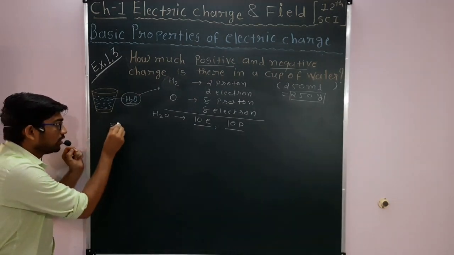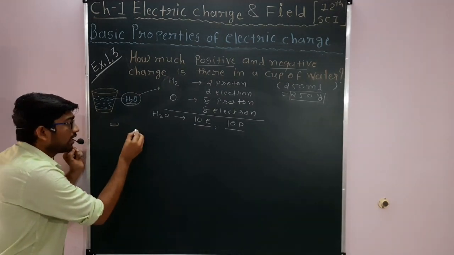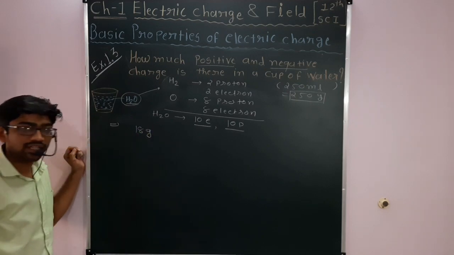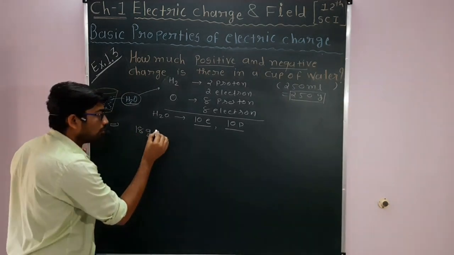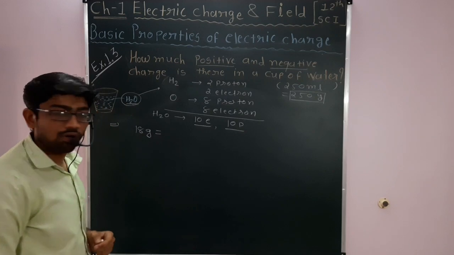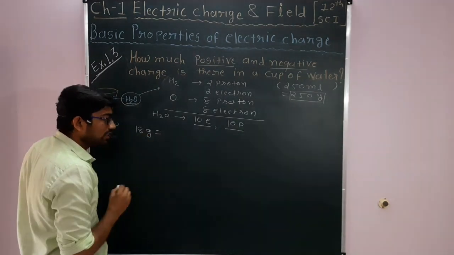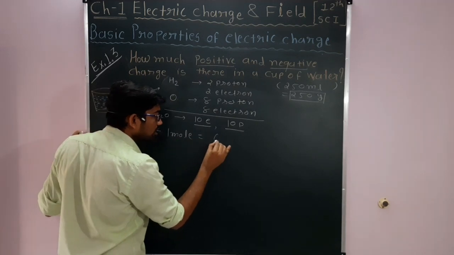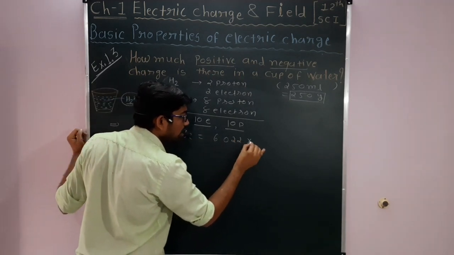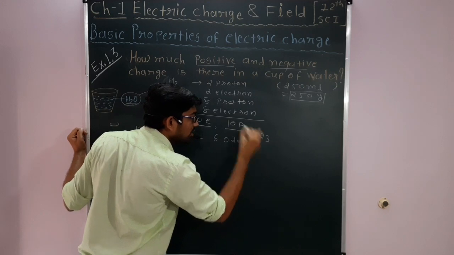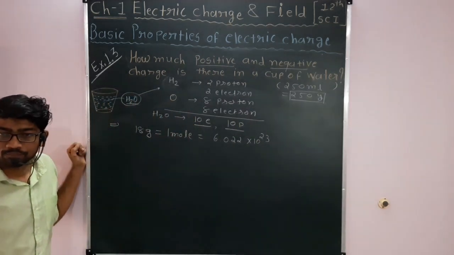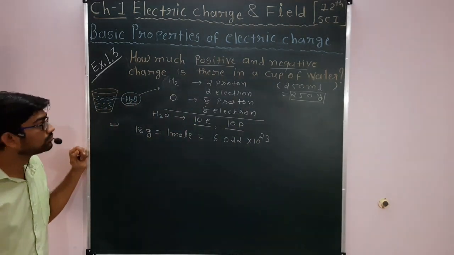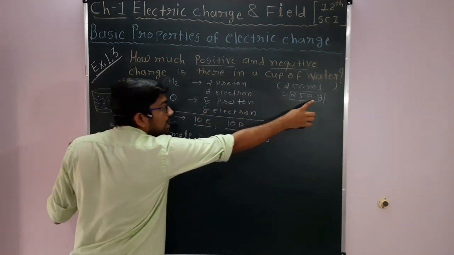We know that 18 gram is 1 mole of water. So in 18 gram, meaning 1 mole, 6.022 times 10 to the power 23 molecules are present. We have 250 gram.